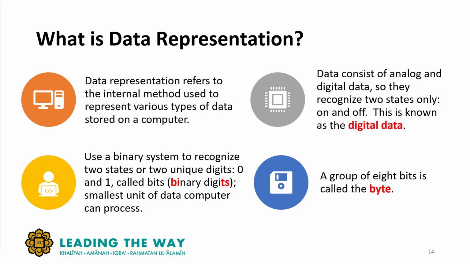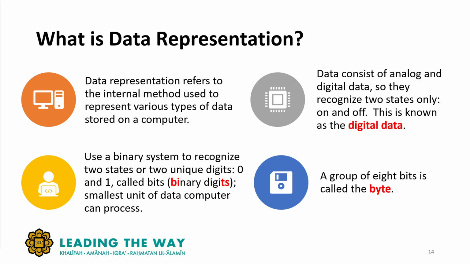To process the data, whether it be text, images, or sounds, the computer must convert the information into binary form. The binary number system is a base 2 number system. This means it only has two numbers, that is 0 and 1.